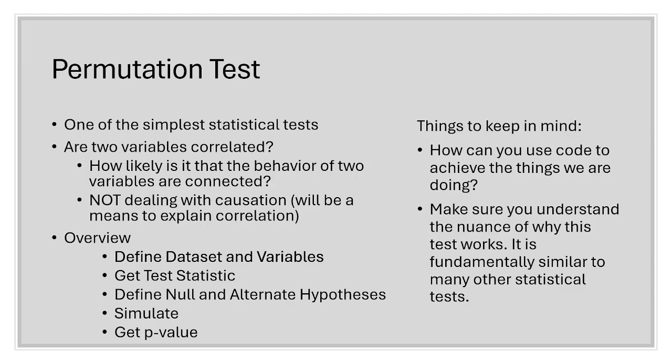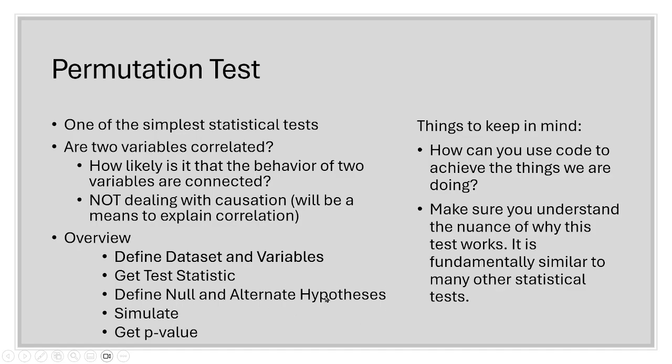It is one of the simplest tests after all, and the main thing we want you to take away is to know how this test works, because it functions in the same spirit as a lot of other statistical tests. A lot of other statistical tests will also have a test statistic. They'll also have null and alternative hypotheses.